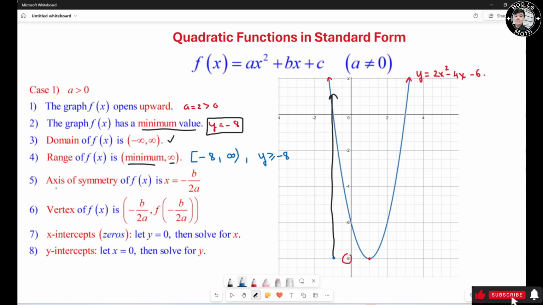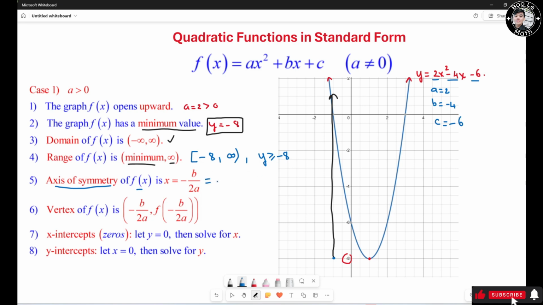Now, next one, the axis of symmetry of f(x) is x equals negative b over 2a. Look at this one: a equals 2, b equals negative 4, right here, and c equals negative 6. So the axis of symmetry is x equals negative b over 2a. I substitute over here.